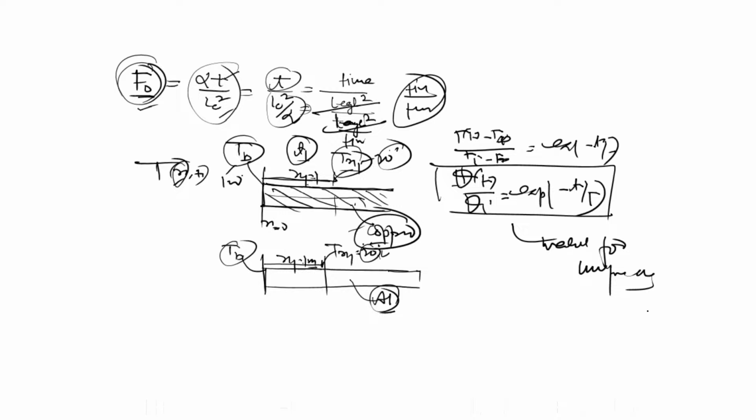This is not the condition because this is the condition for lumped system. But this is non-lumped system because here temperature is going to vary with the space. So what should I do in this case? Anyone?